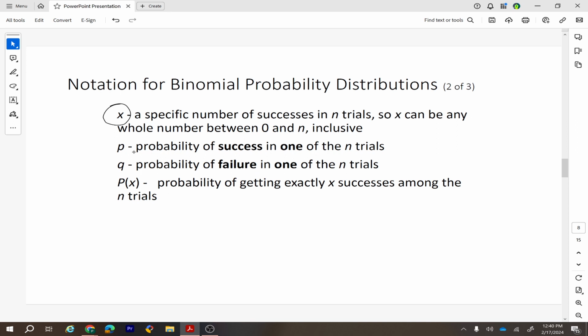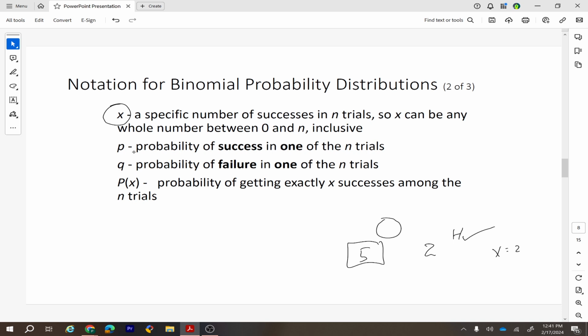For example, we flip a coin 5 times, and we would like to find out the probability of getting 2 heads out of 5 trials. In this case, head is success, so x is equal to 2 heads out of 5 flips.